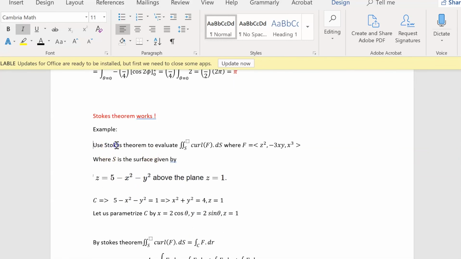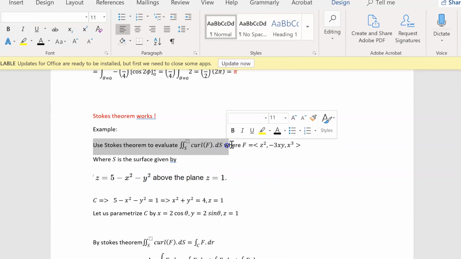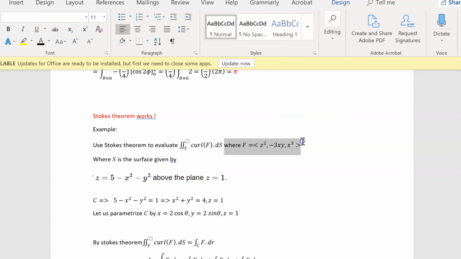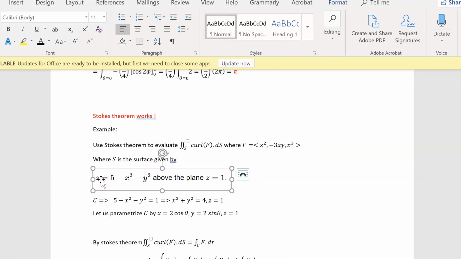It says use Stokes' theorem to evaluate the flux of curl F, where the function is given like this, and the surface is given as this surface above the plane z equals 1.